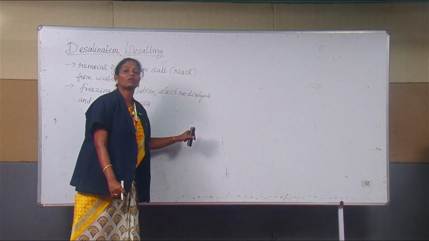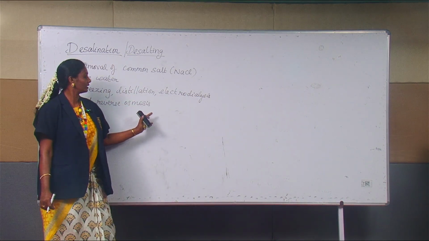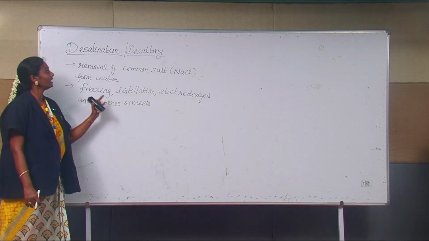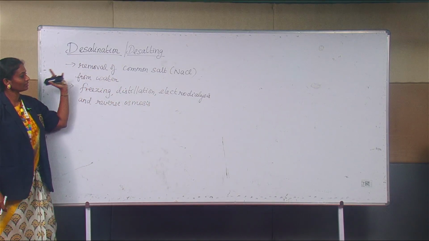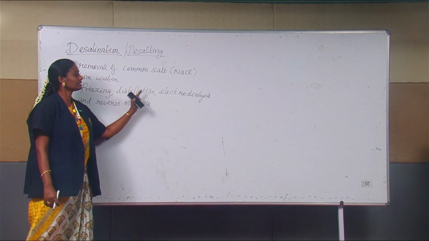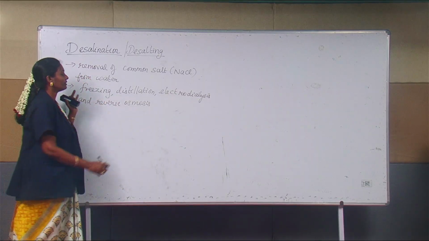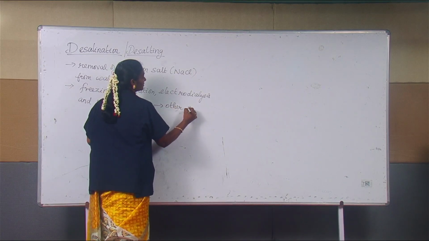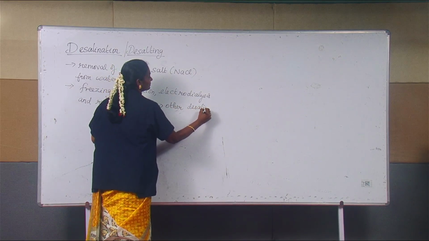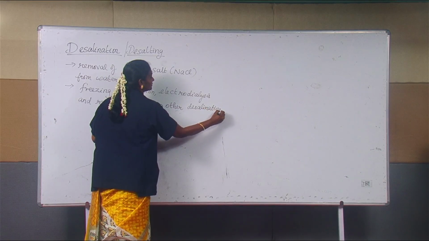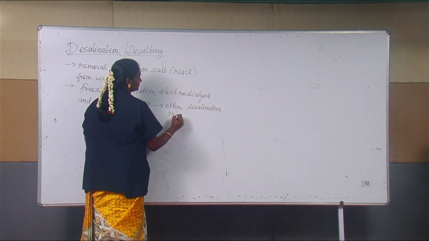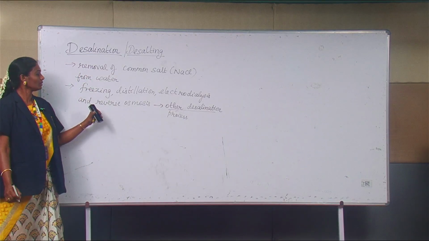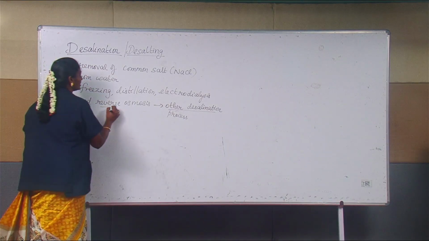The dialysis treatment in the kidney is also related to a kind of desalination process. So freezing, distillation, electrodialysis, and reverse osmosis are desalination processes. We are going to look into reverse osmosis in detail.